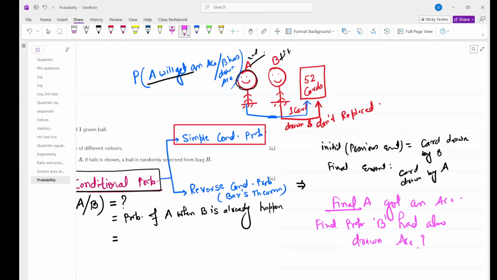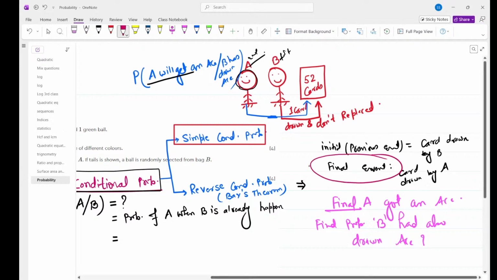So what's the basic difference? In the second case, the final event is given and we have to find the probability of any of the previous events. Whereas in simple conditional probability, the initial or previous events are given and you have to find the probability of the final event.